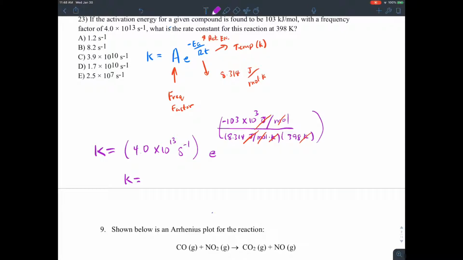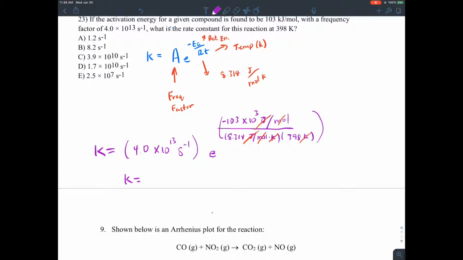For K, we have 4.0 times 10 to the 13th power, multiplying that by e to the, put a parentheses in there, negative 103 times 10 to the 3rd power over another parentheses, 8.314 times 398.